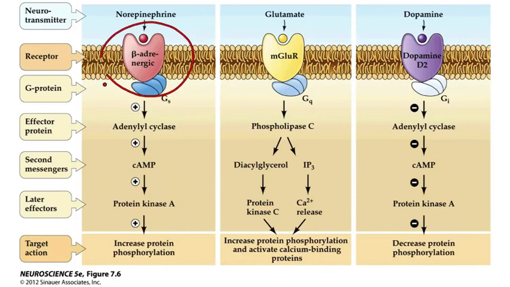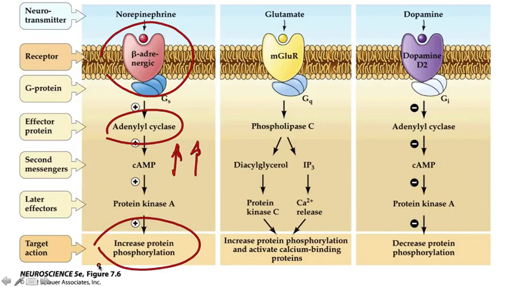It activates a GS version of the heterotrimeric G protein system, which leads to the activation of adenylyl cyclase and an increase in the amount of cyclic AMP that's produced within the cytoplasm. Cyclic AMP is an important second messenger system that can then lead to the increased phosphorylation of target proteins.